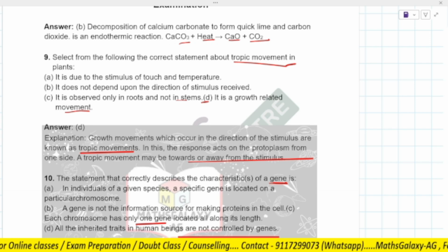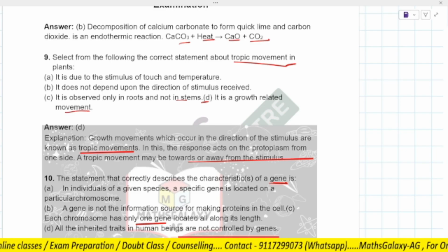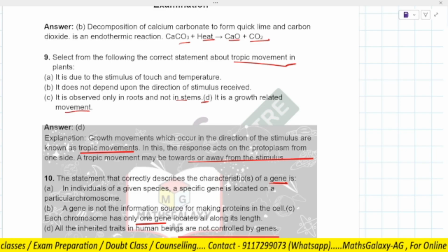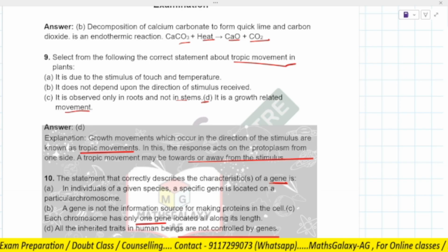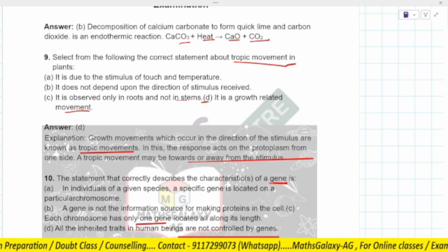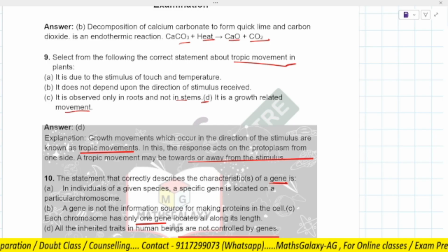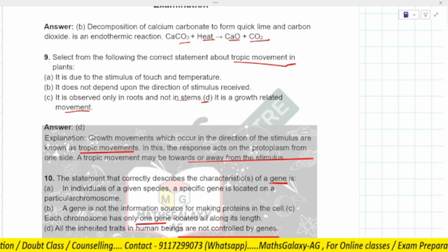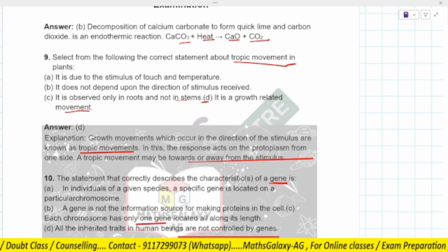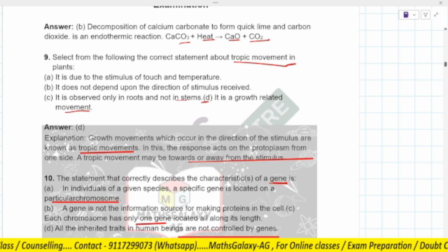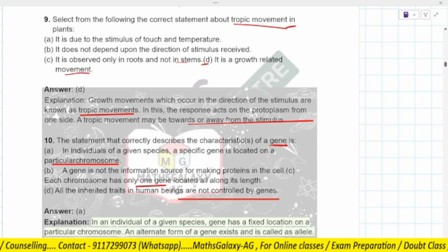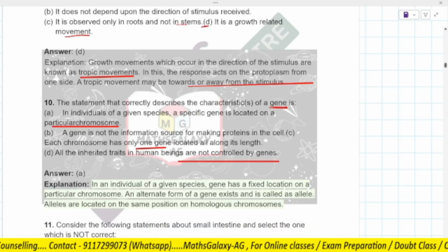In individuals of a given species, a specific gene is located on a particular chromosome. Yes, very good. Right? Now let's see here.